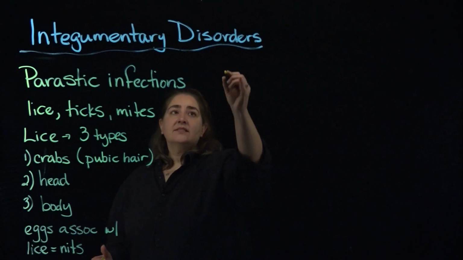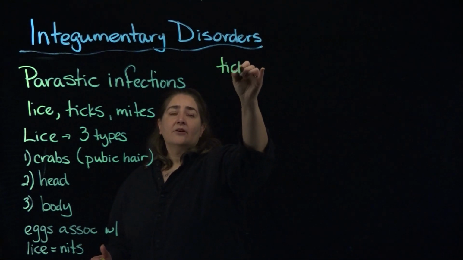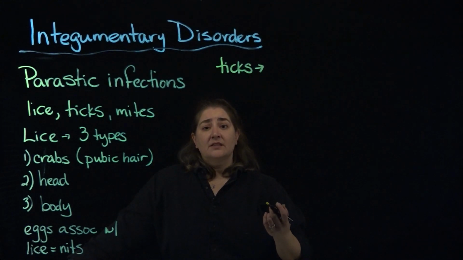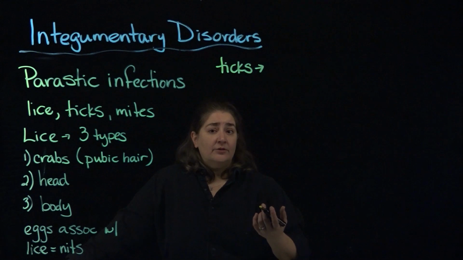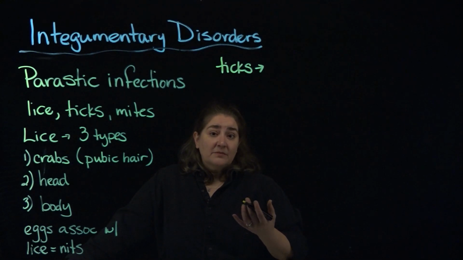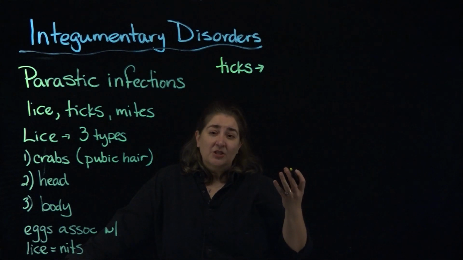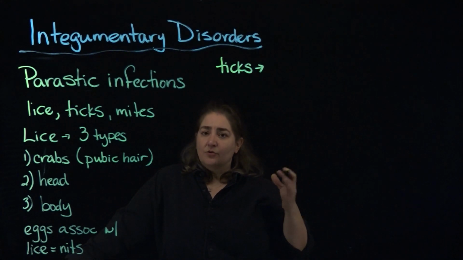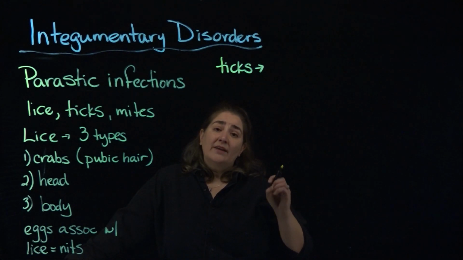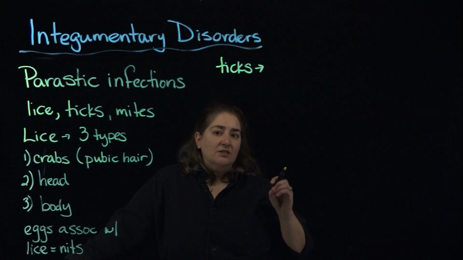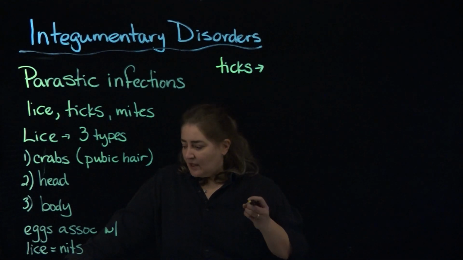So lice, ticks are our next parasite. All right. This is another parasite that's important here in New Mexico because we do have some ticks associated with the higher mountain regions. Areas like the Northeast in Pennsylvania, New York, where they have very wet environments, risk of tick infection is a lot greater. All right.